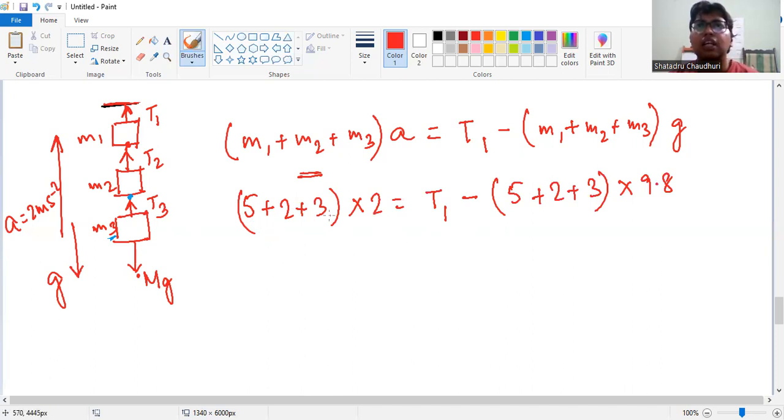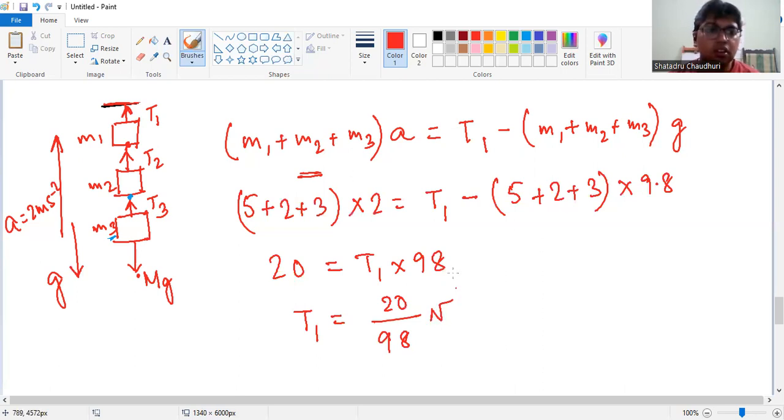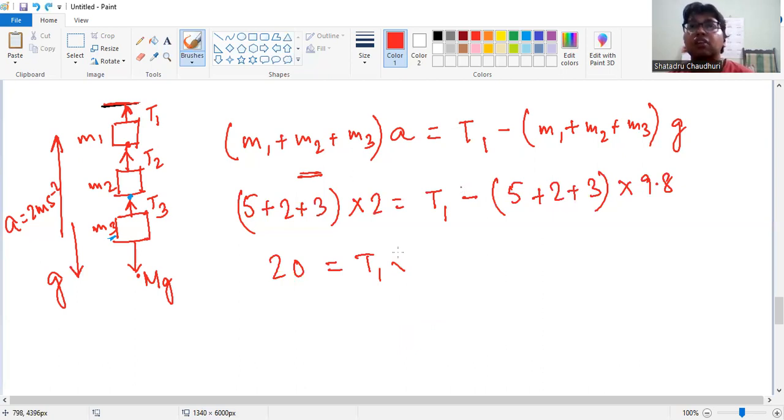This is 10 into 2, so 20 equals T1 minus 98. Sorry, I made a mistake here, that will be minus 98 because 5 plus 2 plus 3 is 10, times 9.8 is 98.